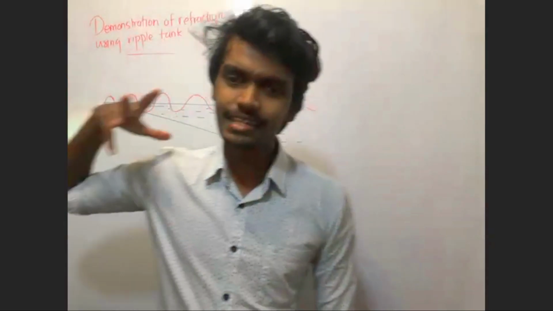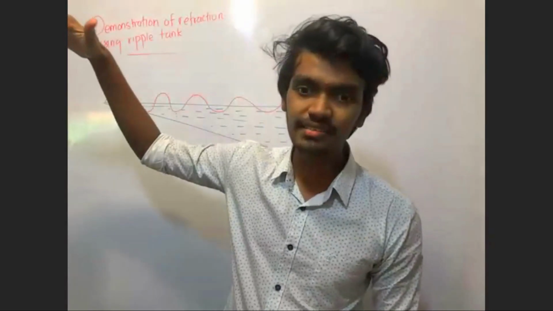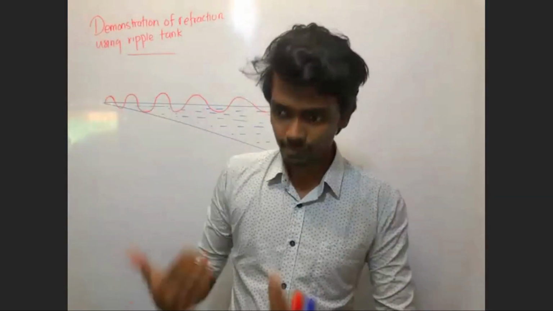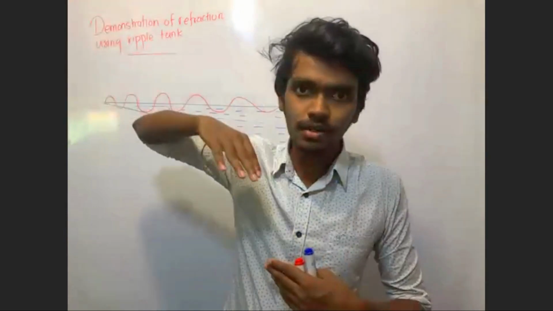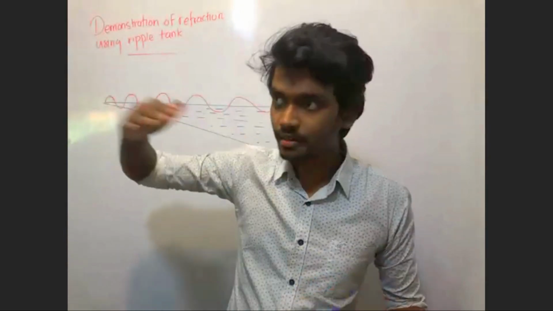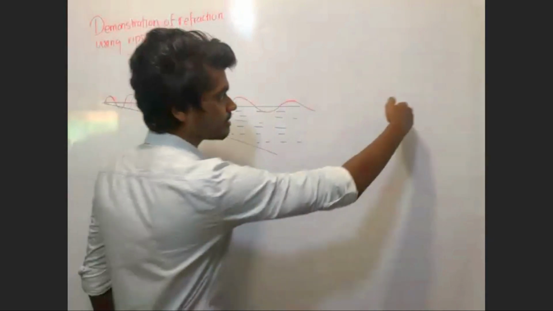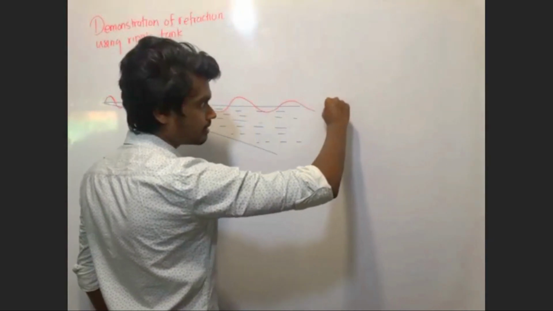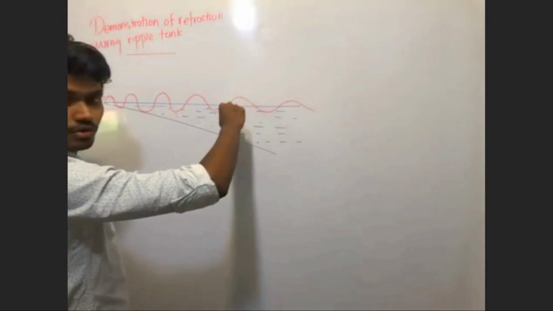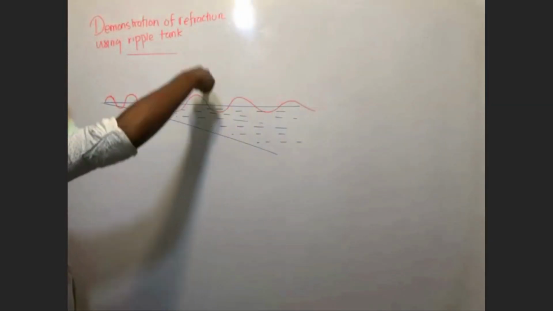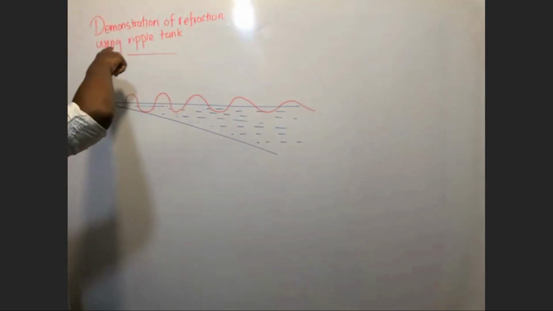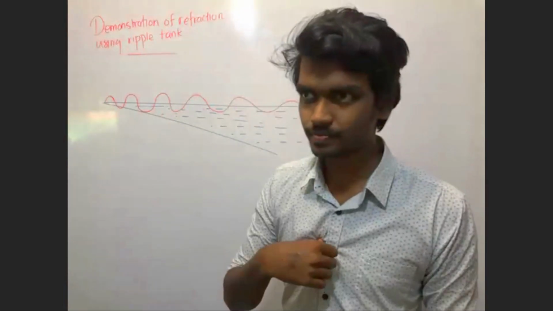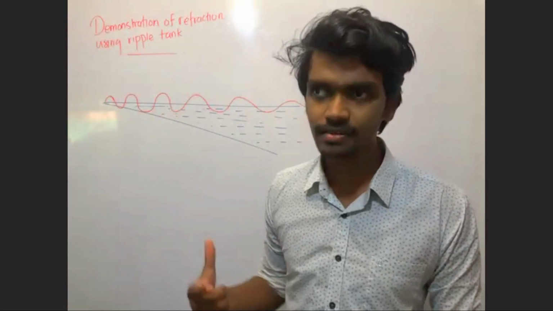Obviously you might have seen at the beach, when you look at a wave far at the horizon, waves start with very small amplitudes, and when they come closer to the beach, the amplitude of the wave increases.